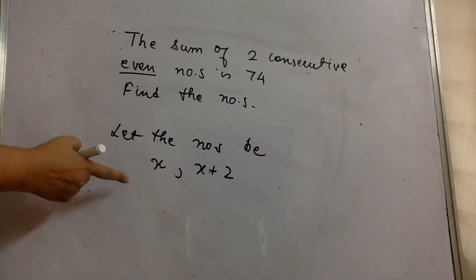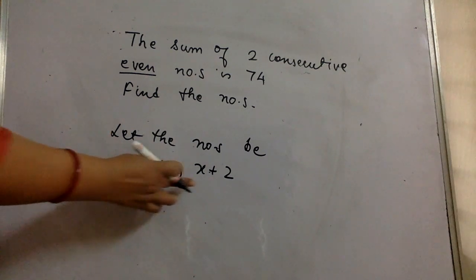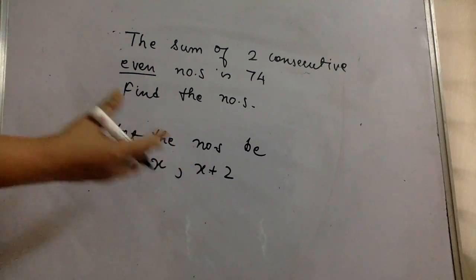Now the same thing applies for odd numbers also. You might not have noticed, but you can quickly check. If I say 53 and 55, two consecutive odd numbers, again the difference is 2, right? So x and x plus 2 are my two consecutive even numbers.